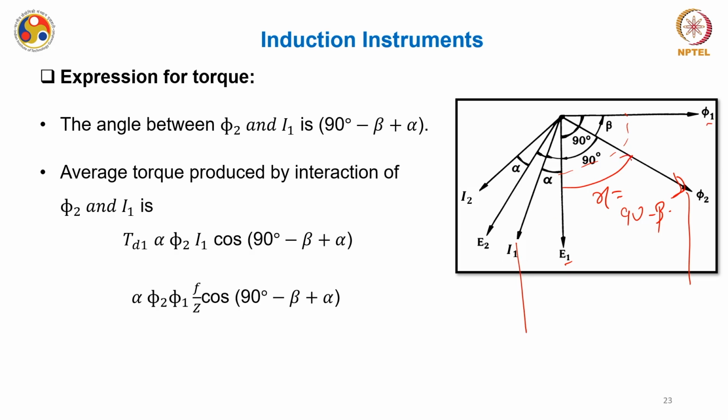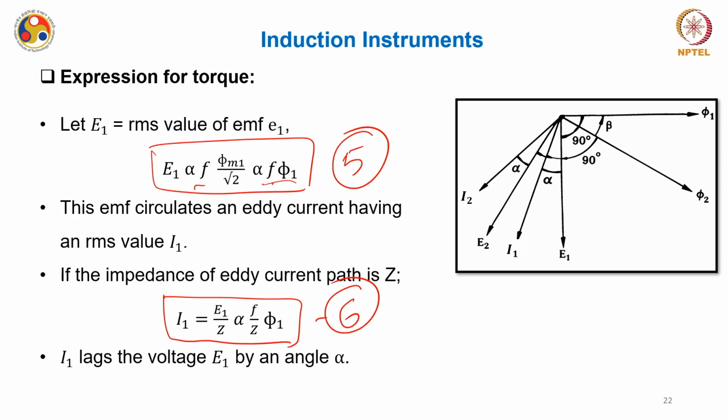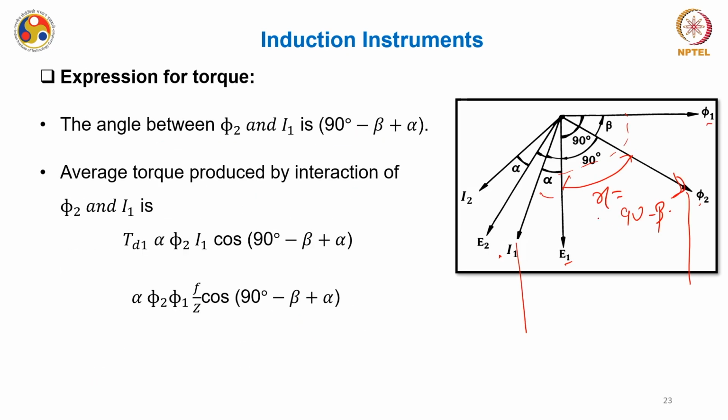And if I want to find the phase difference between phi 2 and I1, it will be 90 minus beta plus alpha, since we have assumed that I1 is lagging behind the voltage E1 by angle alpha. So x plus alpha is the angle between phi 2 and I1. The total angle is 90 minus beta plus alpha.